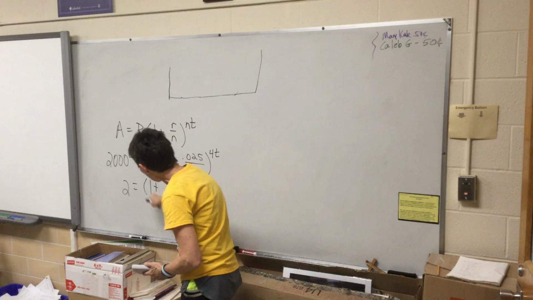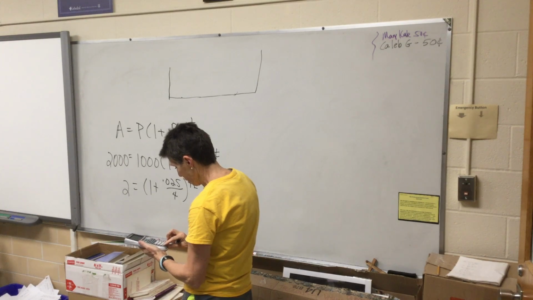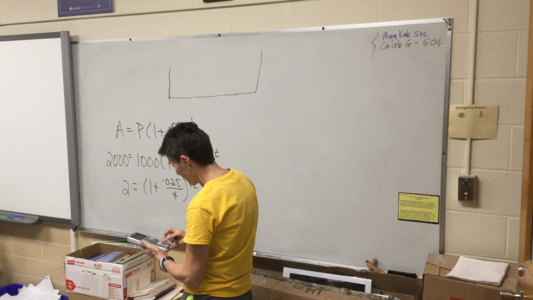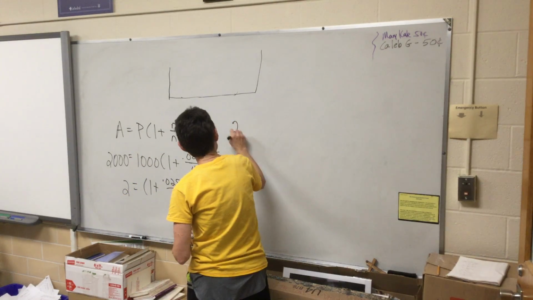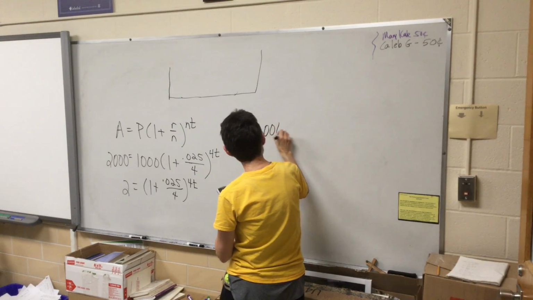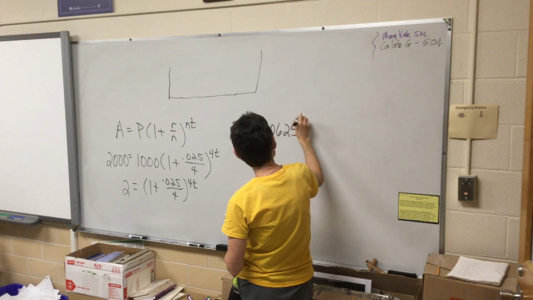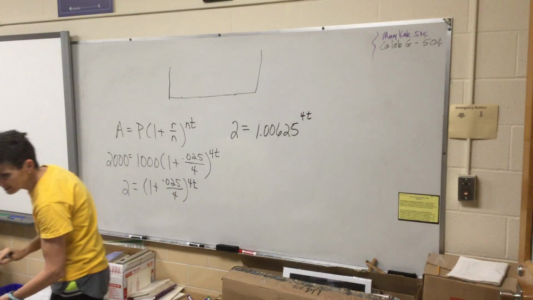I'm going to see if that actually works out to be something nice. 1 plus 0.025 divided by 4. Oh, it does. So my equation now looks like 2 equals 1.00625 to the 4t.